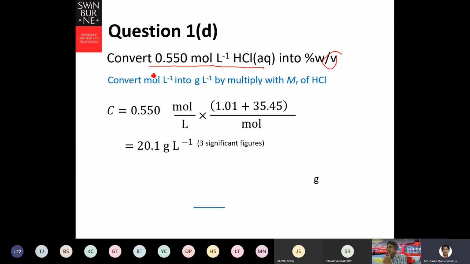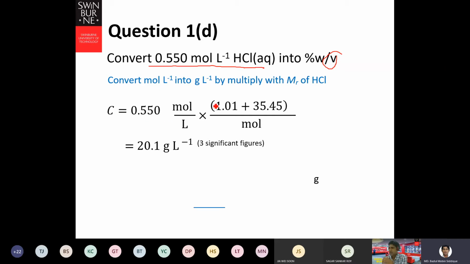Now we have to convert these 0.55 moles to gram, and then we can find the weight percentage. So 0.55 moles means how many gram I dissolved in the water.